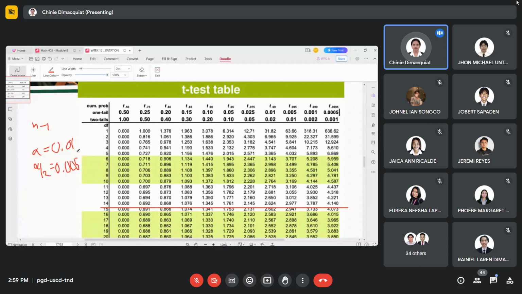We will use this to find our critical value. So 0.01 and 0.005 should be aligned: 0.01 as our alpha and 0.005 as our alpha over 2. Therefore, we base on this column, until here.